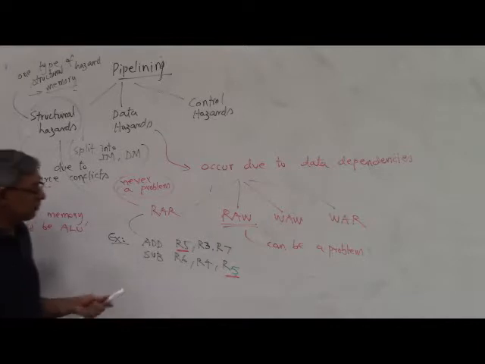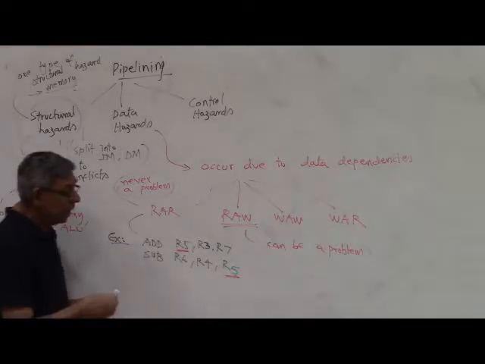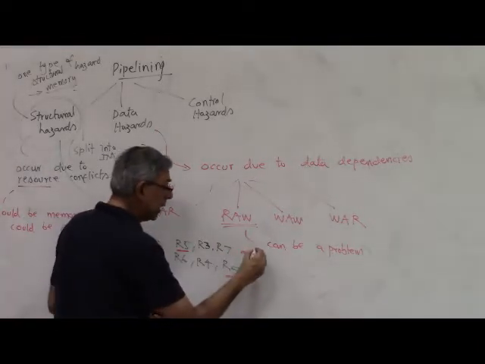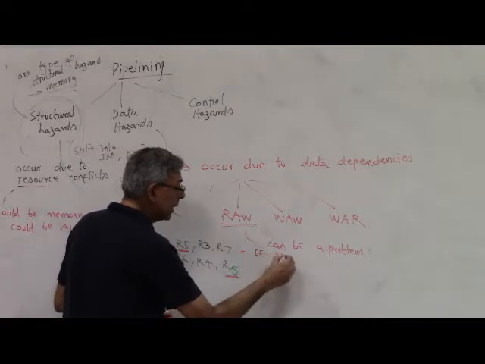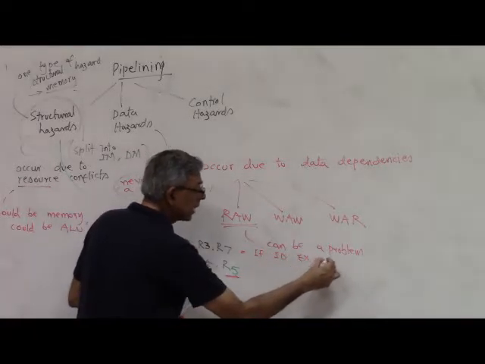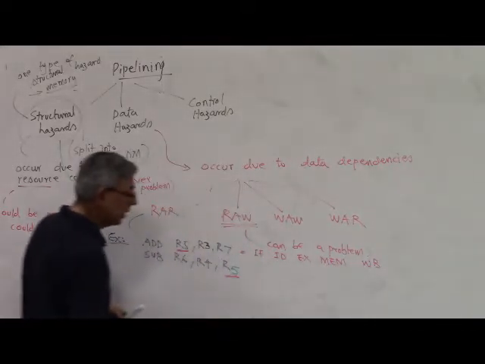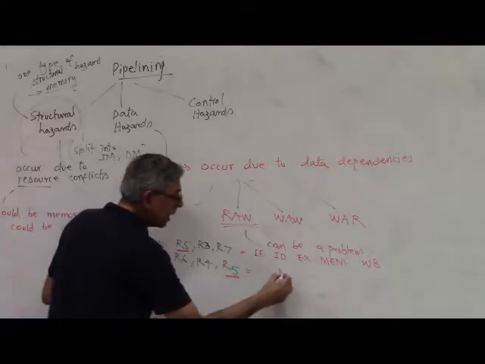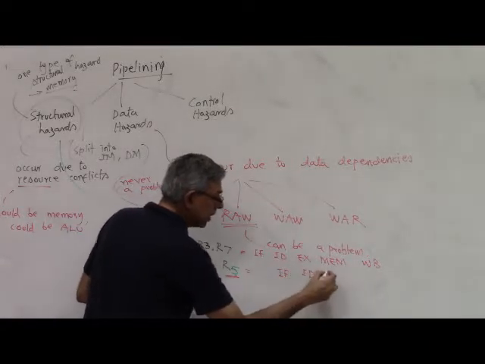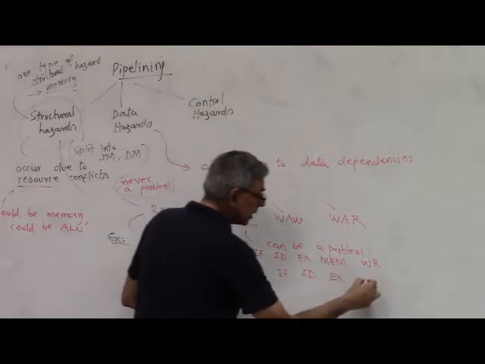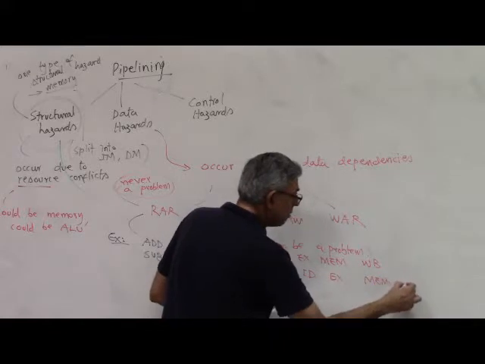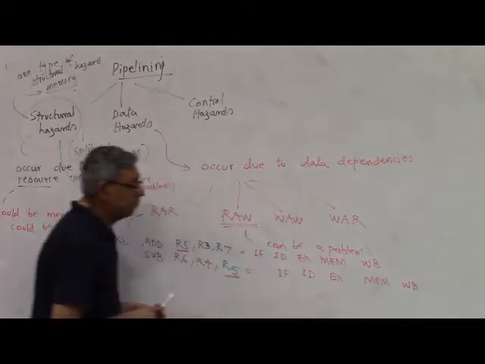If we take a look at the pipeline, this is IF, ID, EX, mem, and write back, and then this will go IF, ID, EX, mem, and write back.